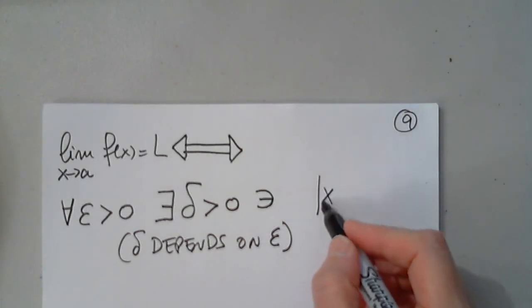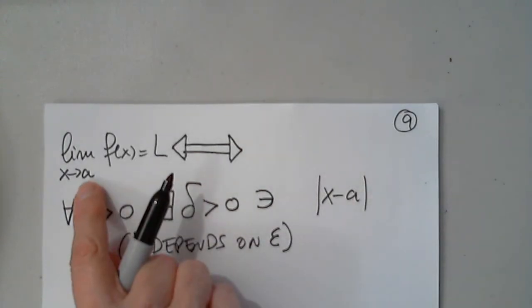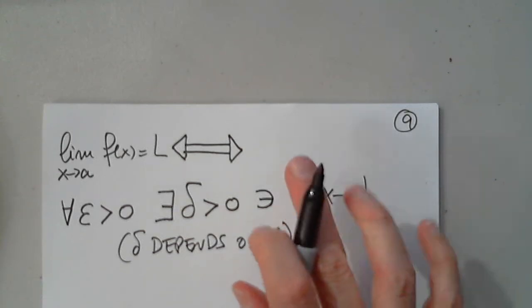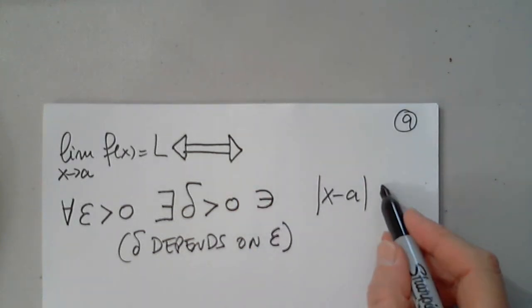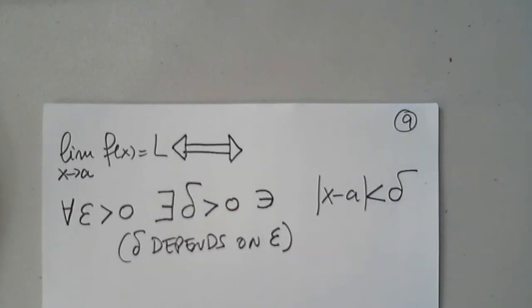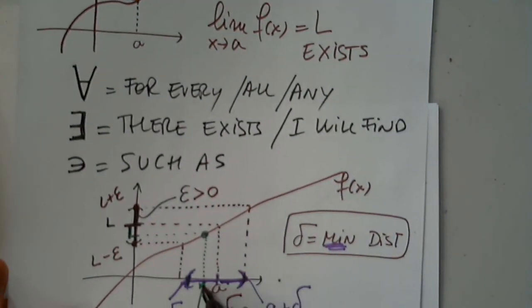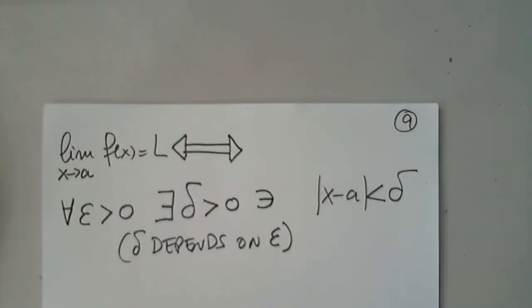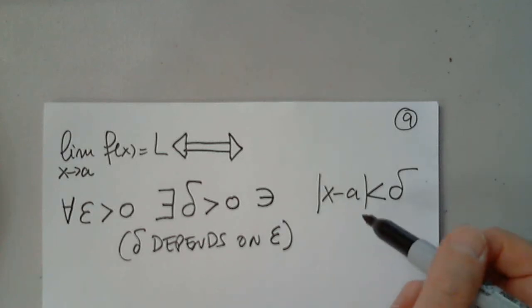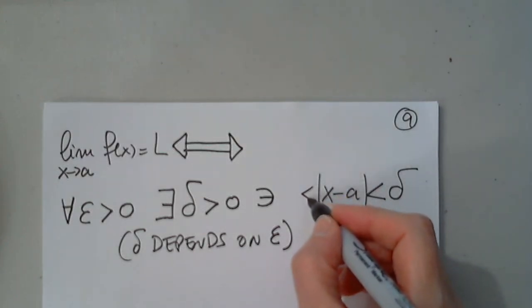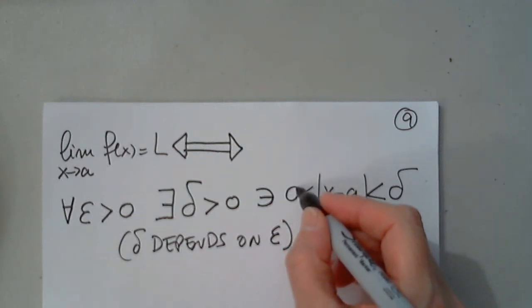the distance between x and A, every time I pick x close to A, leave a space here because I want to explain that, is less than delta, every time I pick x with a shorter distance than delta from A, and we cannot pick A. So that is signified by this.